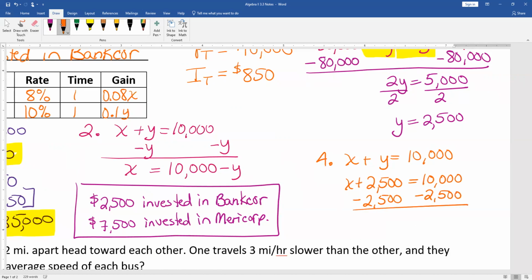Catch yourself when you make those errors. Because look, I'm telling you, you're not the only one that makes those errors, but you got to catch them. Okay, so we subtract the 2,500 from both sides, 10,000. Here's where we have to start borrowing. So that becomes a 10, that becomes a 9. 0, 0, 10 take away 5 is 5, 9 take away 2 is 7. And that proves that the amount invested in AmeriCorp is 7,500.